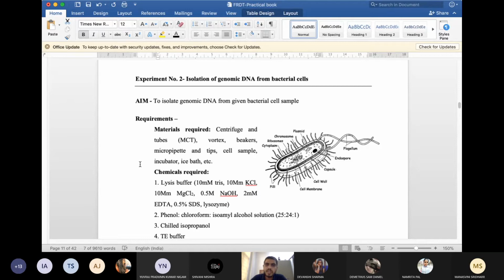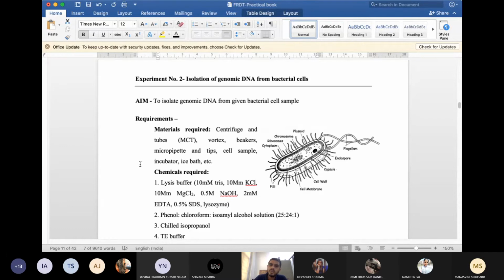If you need a bacterial genome, then you need a bacterial cell. If you need an animal genome, then you need an animal cell. If you need a plant genome, then you need a plant cell. If you need a fungal genome, then you need a fungal cell. For a viral genome, you need a virus particle, or viral cell, we say. Okay, so the first requirement that you need is your cell.